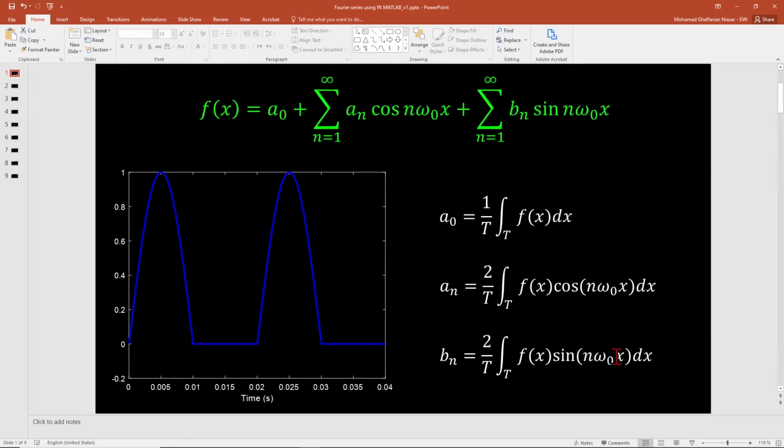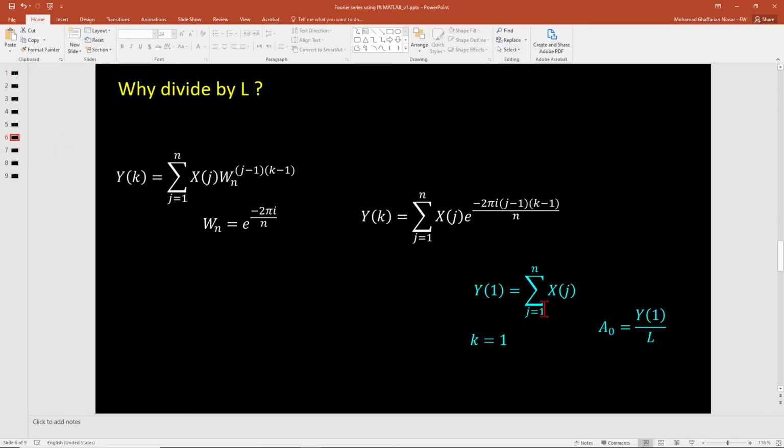Let's go back here. We said that a0 is 1 over the period multiplied by the integration of the function. Here we have the summation in the discrete form. In the continuous form, this is integration. So we have the integration of the signal, and if we want to relate it to a0, we have to divide it by the period, or in the discrete case, by the number of intervals.